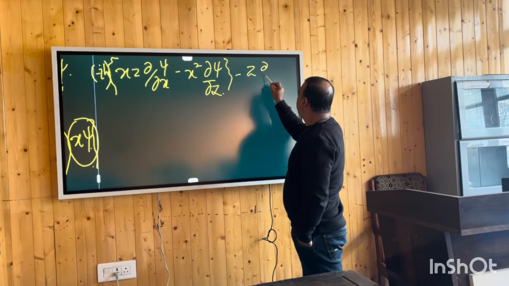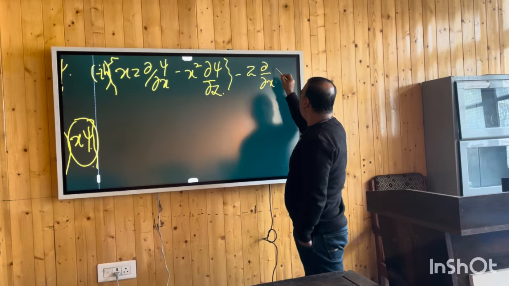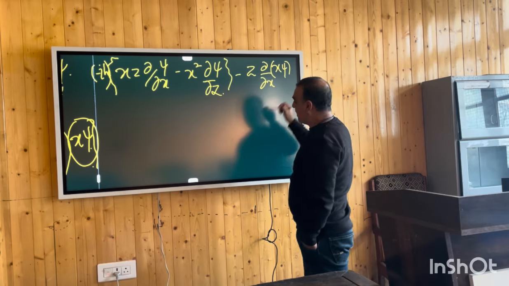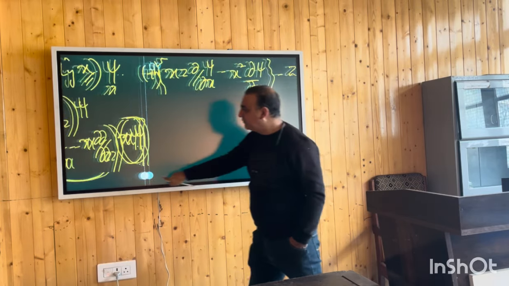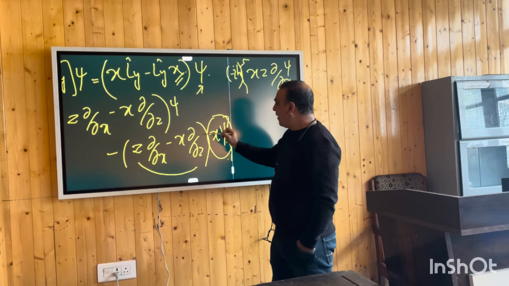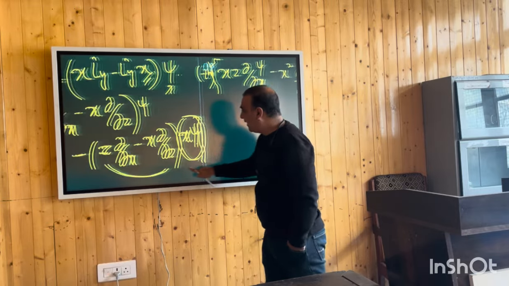Dou by dou x of x psi, this will be the first term. And what will be the second term? It will be minus x dou by dou z of x psi.